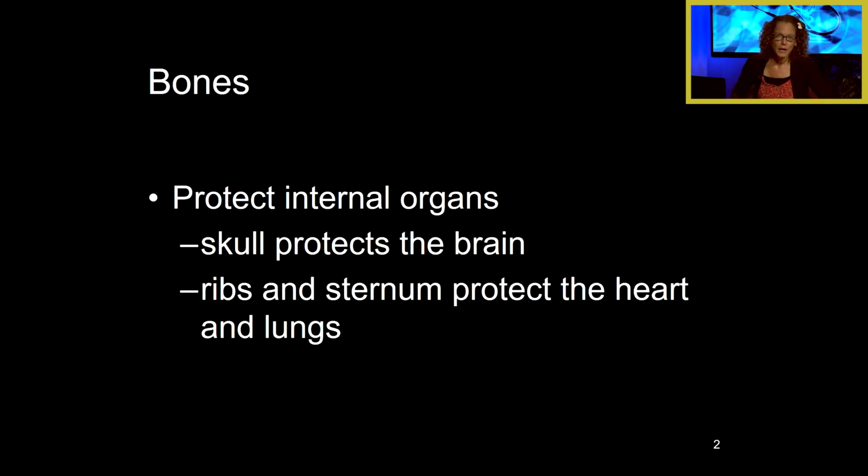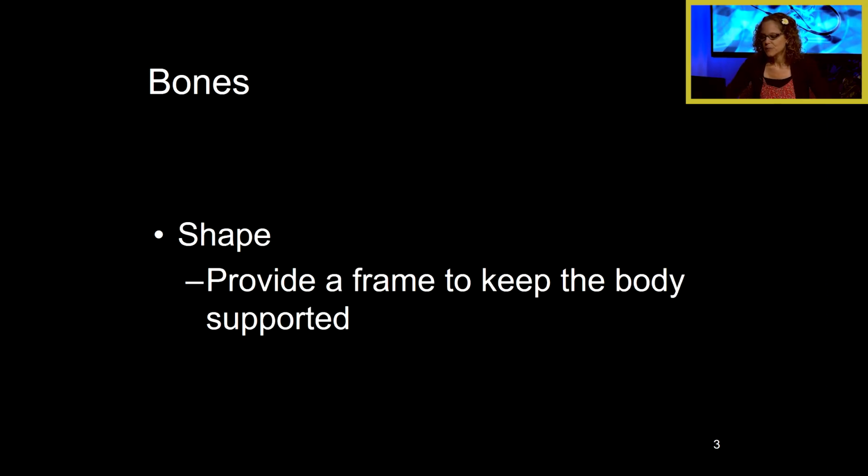We're going to start by talking about bones. The bones in our body protect our internal organs. For example, our ribs protect our liver and our heart and our spleen. Our cranium protects our brain, right? The skull protects our brain, and our ribs and our sternum protect our heart and lungs.